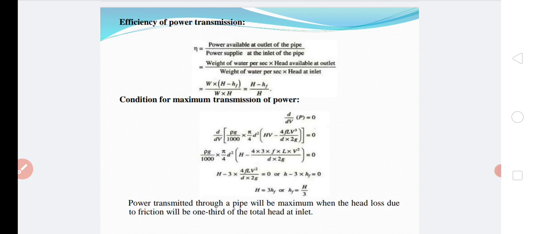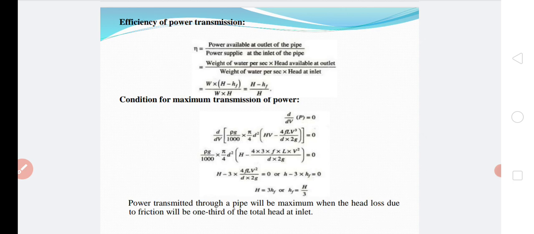Here, power available at the outlet of the pipe upon power supplied at the inlet of the pipe equals weight of water per second into head available at outlet by weight of water per second into head at inlet, that is W into (capital H minus small hf), the head loss due to friction, upon W into H, equals capital H minus hf, that is the total head available at the inlet of the pipe minus head loss due to friction, by the total head available at the inlet of the pipe.